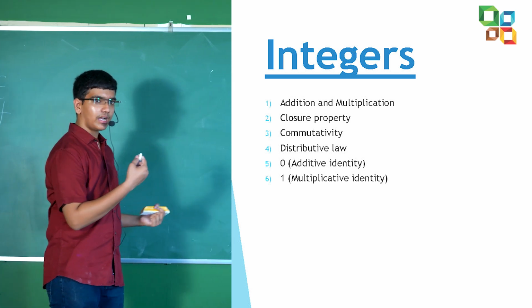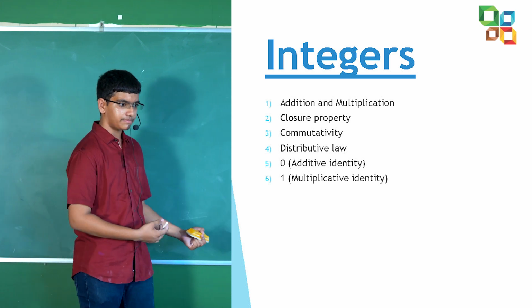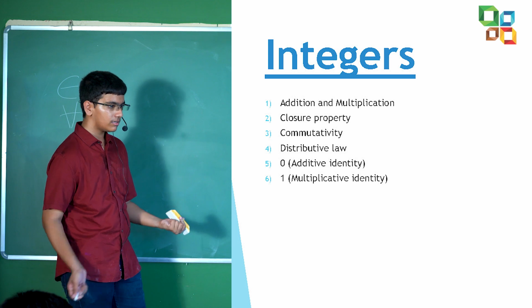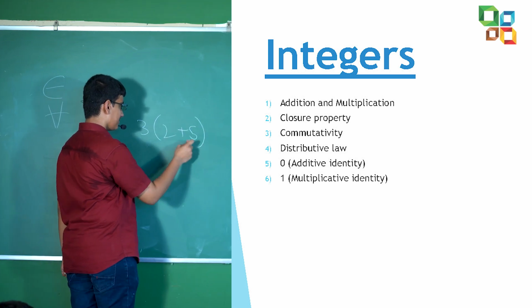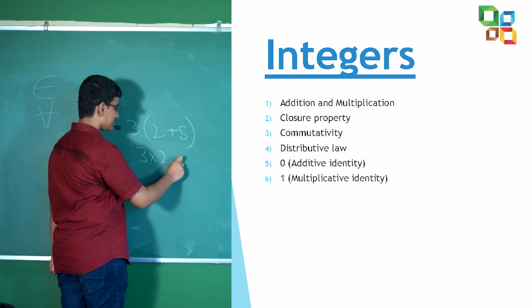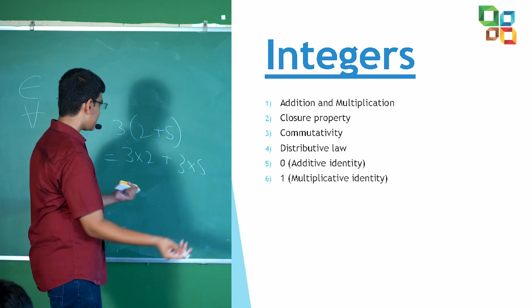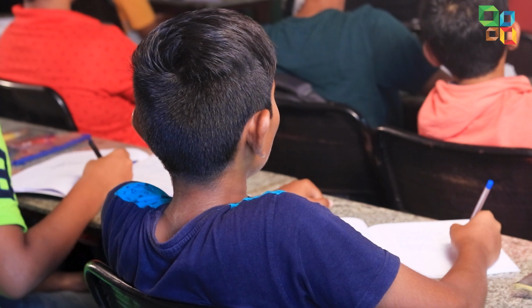Addition is commutative and multiplication is commutative. Then we have the distributive law: 3 times (2 plus 5) is 3 times 2 plus 3 times 5. This is called the distributive law, distributivity of multiplication over addition.